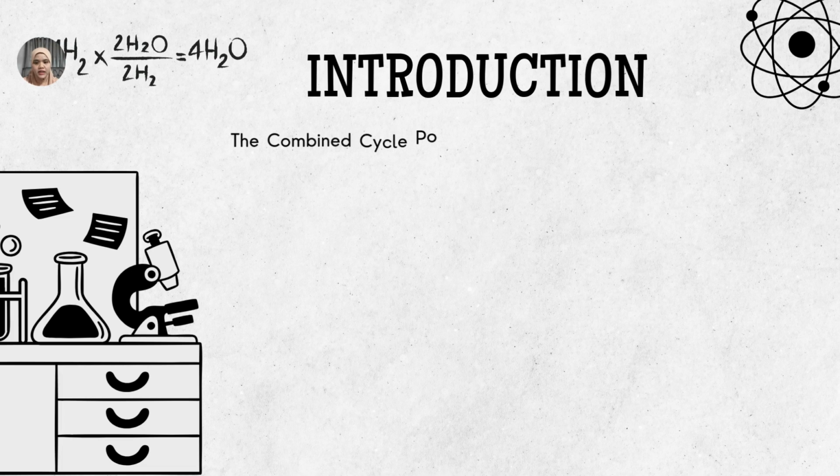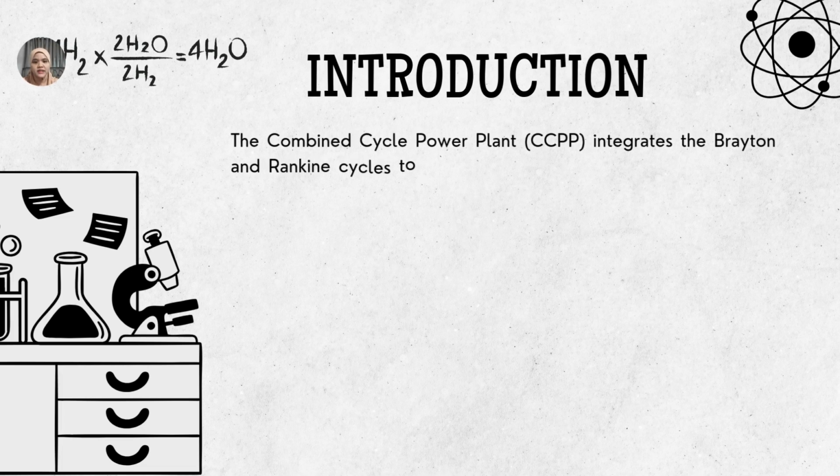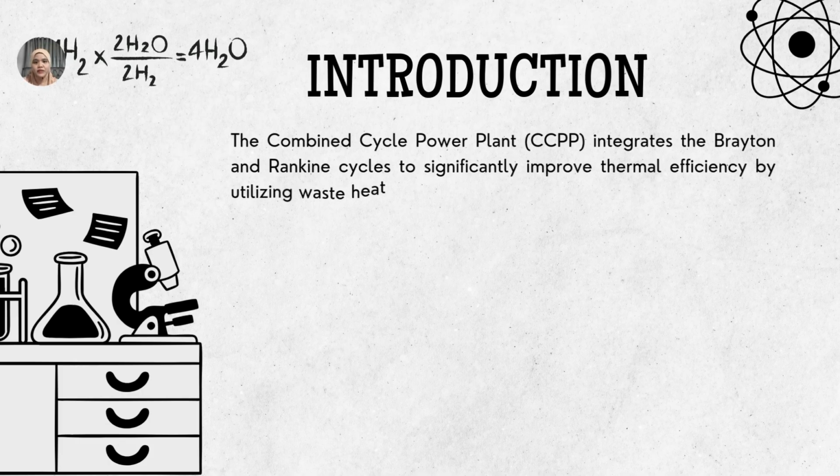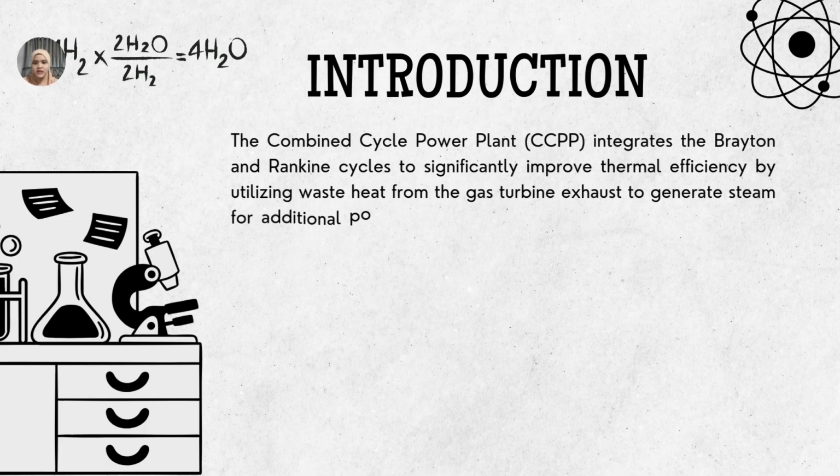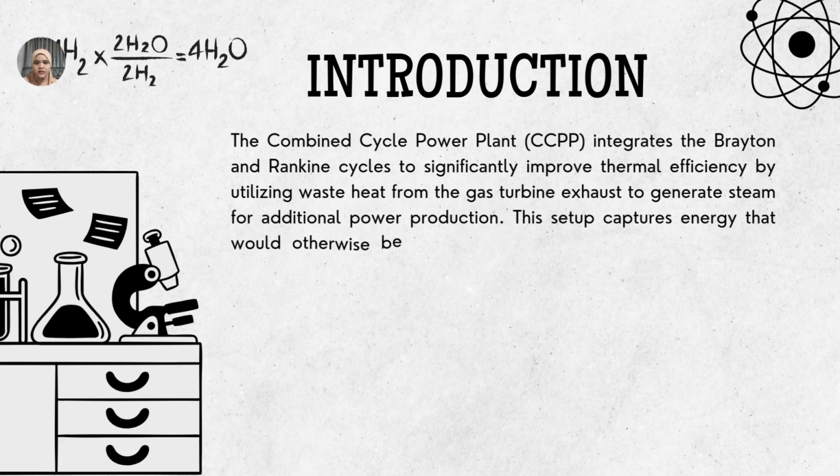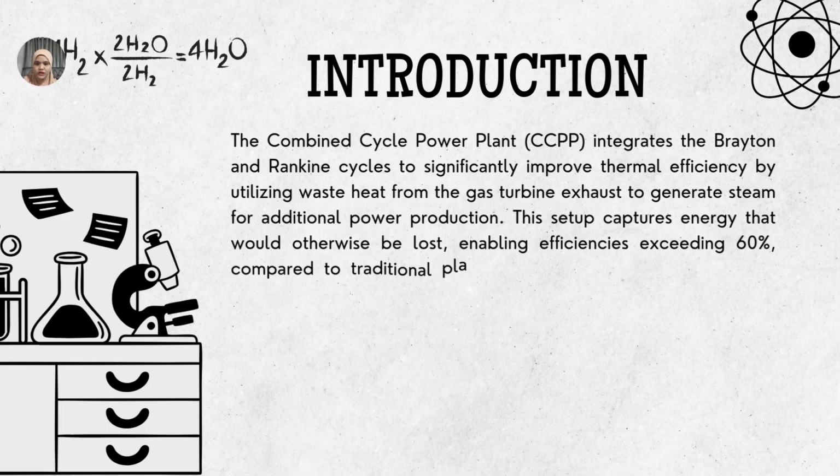So, in this slide, we have the introduction for our project. The Combined Cycle Power Plant (CCPP) integrates the Brayton and Rankine cycles to significantly improve thermal efficiency by utilizing waste heat from the gas turbine exhaust to generate steam for additional power production.